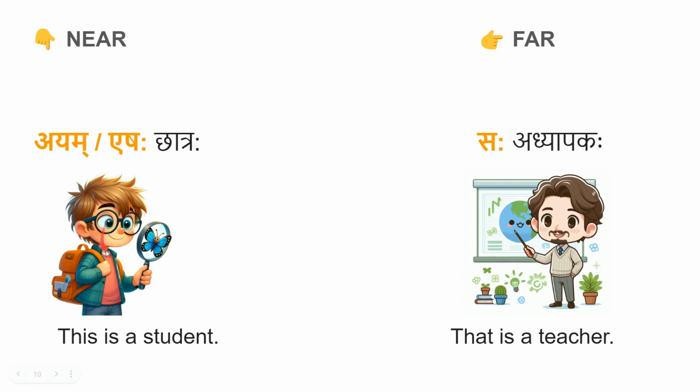Now it's a student, so I can say singular: I am chatraha, or eshaha chatraha. There's a teacher a little bit away from me, so I can say saha adhyapakaha.